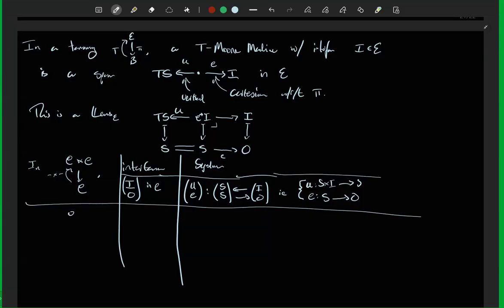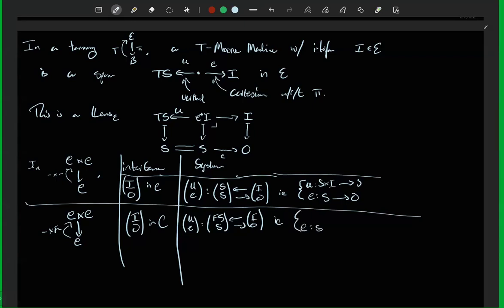So in the tangency with respect to a functor F, an interface is still just I, O in C. And now it's U, E, but now it's a lens of the form F S, S. That is, E goes from S to O, and U goes from S times I to F of S. And this is useful because F could be something like the power set functor, which would give us a notion of non-deterministic Moore machine.